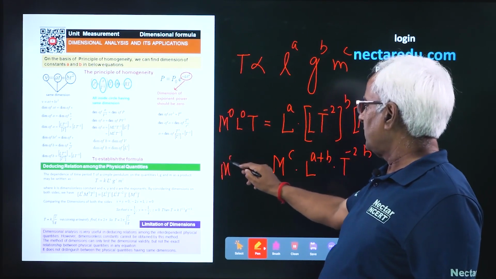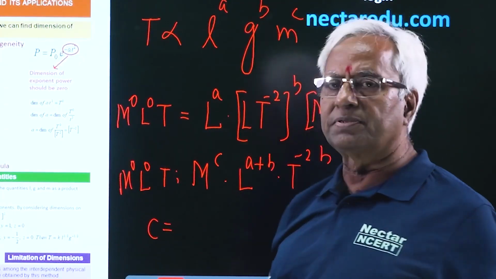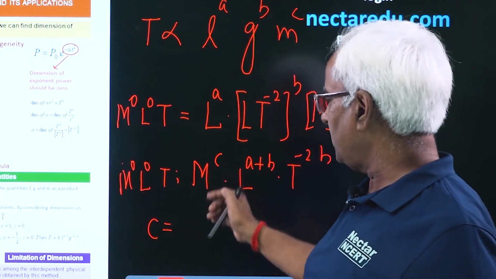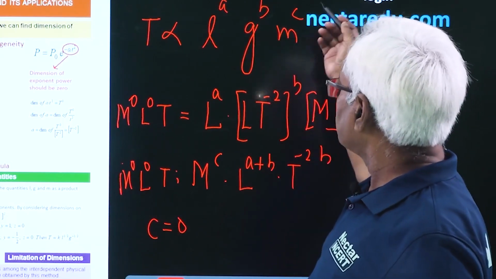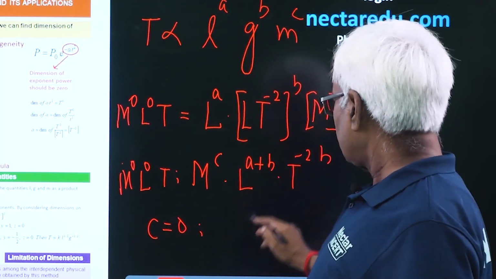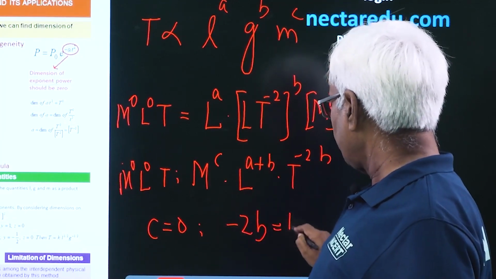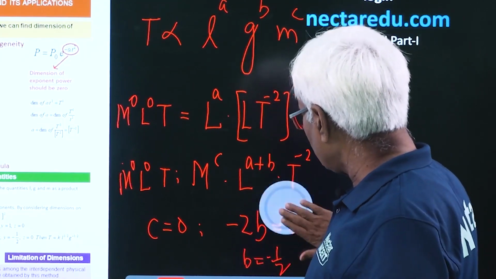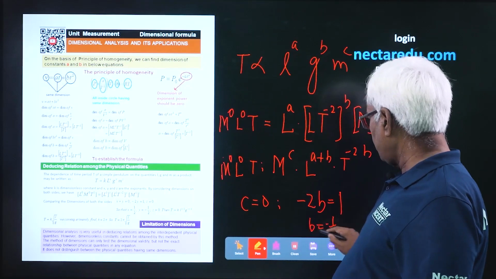That side is only T. So if you compare the powers of similar quantities, this side is 0 for M and this side is c. So c becomes 0. That means mass will disappear from the relation; it has no dependence on mass. You see, the power of time is minus 2b here, and this is 1. So b becomes equal to minus 1 by 2.